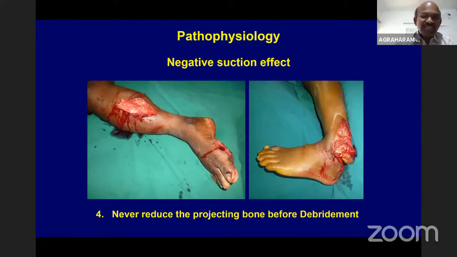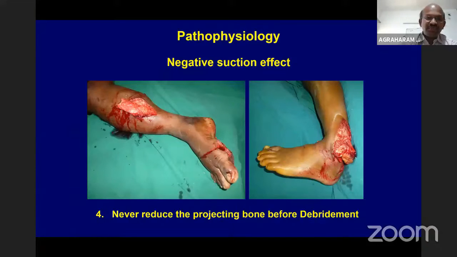A momentary negative suction effect happens, an immediate tear in the skin occurs, and the bone gets projected out. The negative suction sucks in whatever dirt, mud or even leaves are lying outside, taking it deeper inside. Sometimes it can go onto the opposite side of the bone also.